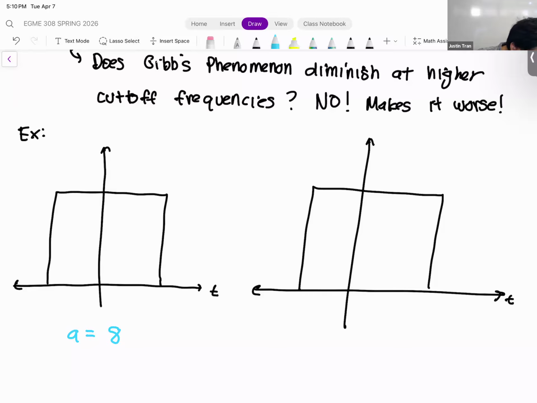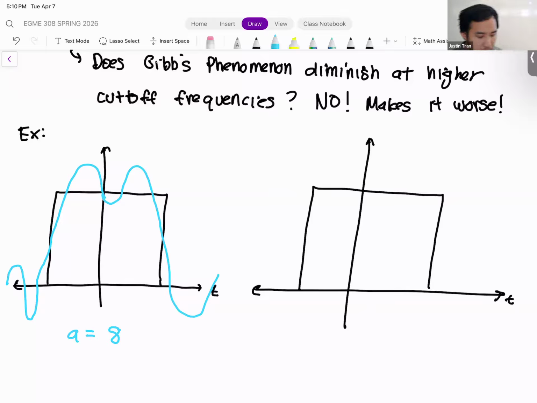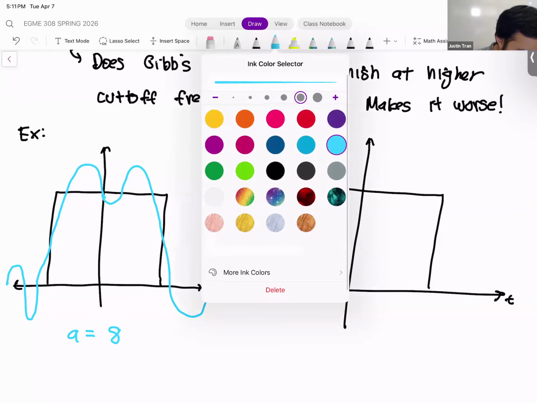So for a function like this, we may get something that looks like this, where the frequency of our sine and cosine is capped at a low level, and so we have these oscillations that oscillate slowly. It does jump up at the discontinuity, and we obviously see the Gibbs phenomenon there, but it's actually not as severe.